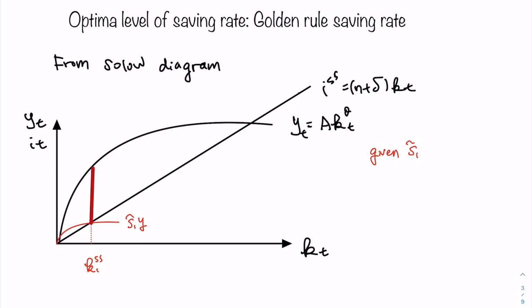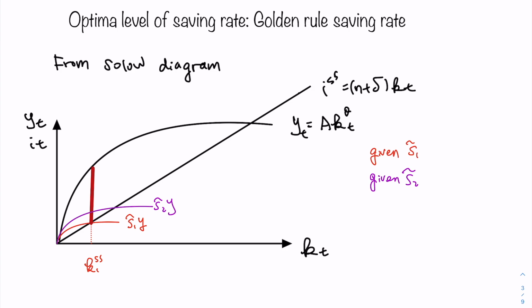When we are given another level of the saving rate, which is s2 tilde, we are going to get another saving curve, and so another size of the actual investment. The intersection of this actual investment and the steady state condition, which tells us the investment required to stay at the same level of K, will be the K steady state.